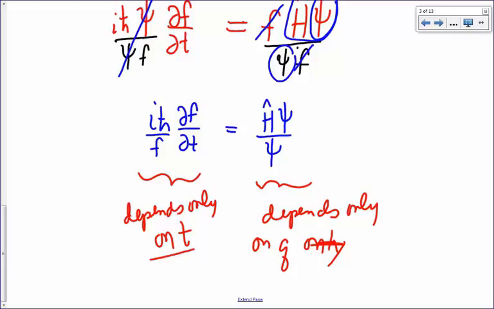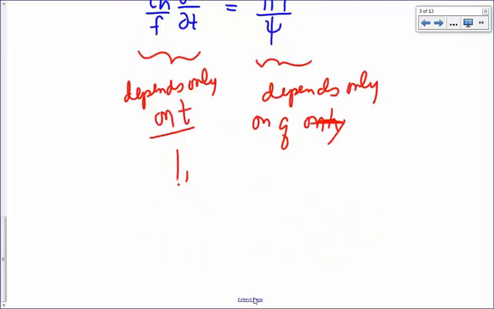How can functions of two different variables be equal? How can an expression that depends on one variable be equal to an expression that depends on another variable, then it must be that both expressions must be equal to a constant, right? So what we're saying is, whatever these expressions are, this left side must be equal to a constant, and that right side must be equal to the same constant.